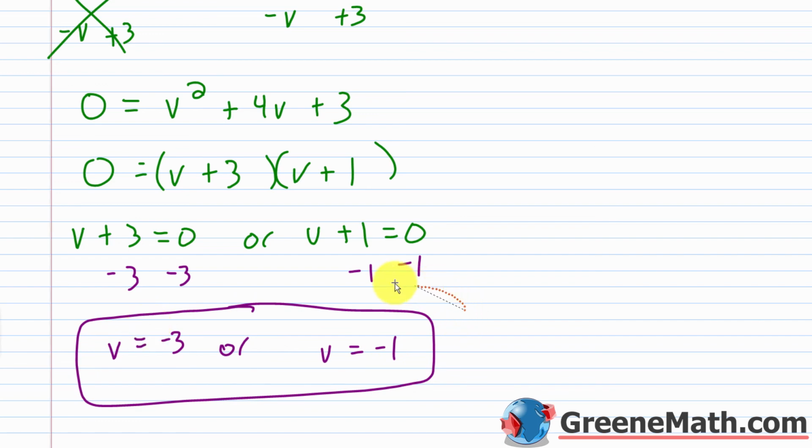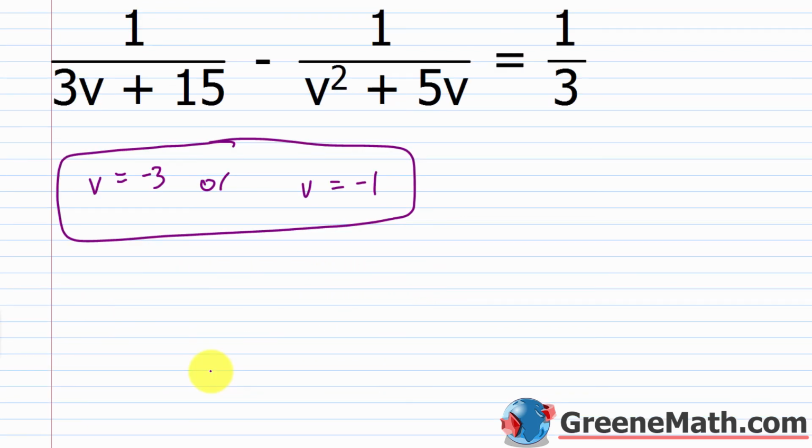Let's go back up and check them. Okay, so let's check each one separately. Let's start with negative 3. So 3 times negative 3 is negative 9. And negative 9 plus 15 is 6. Then minus 1 over v squared, negative 3 squared would be 9. And then 5v, 5 times negative 3 is negative 15.